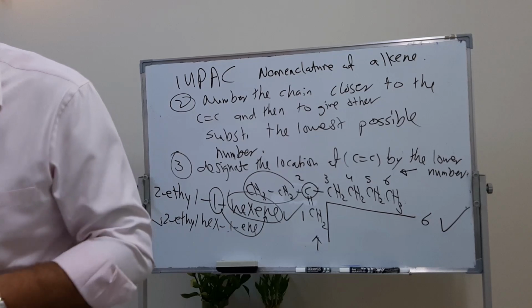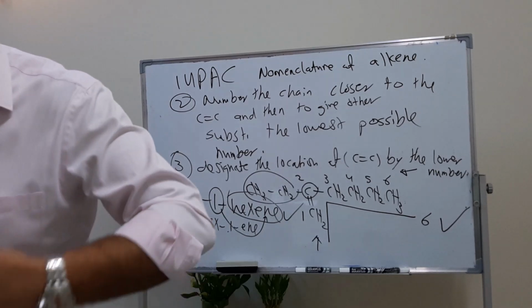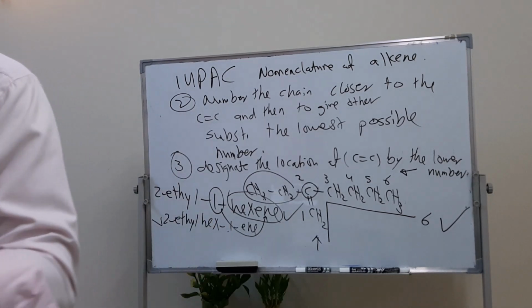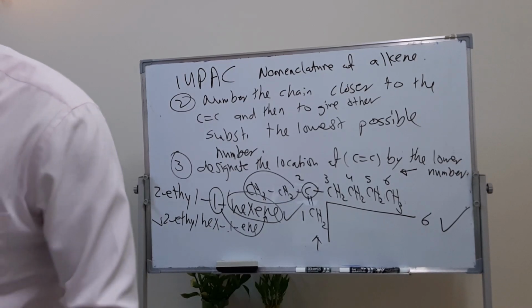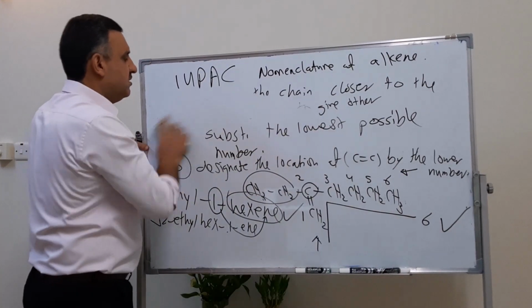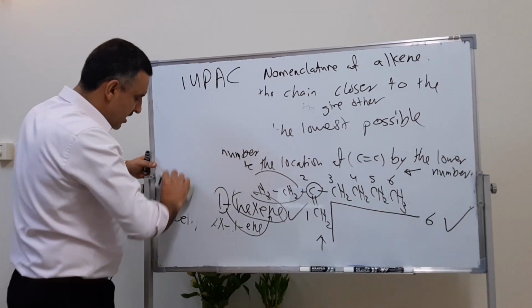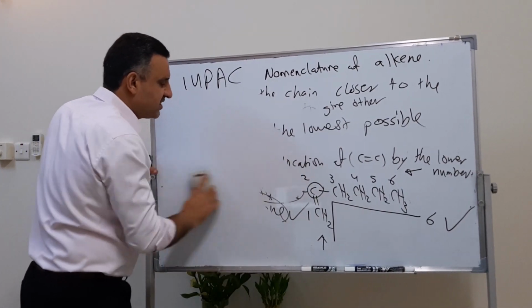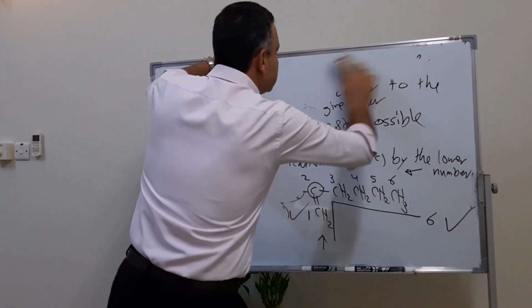So there are plenty of things, but here you just have to practice and see some specific rules about it. But anyway, let me just give you another example very quickly before moving to the nomenclature of cycloalkenes.